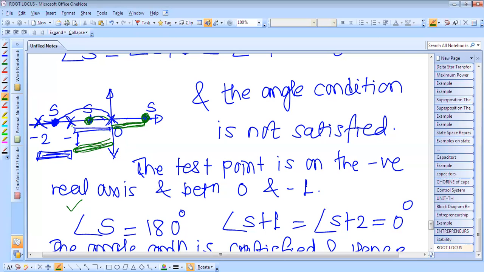Therefore this is a portion of the root locus, while the positive real axis is not.